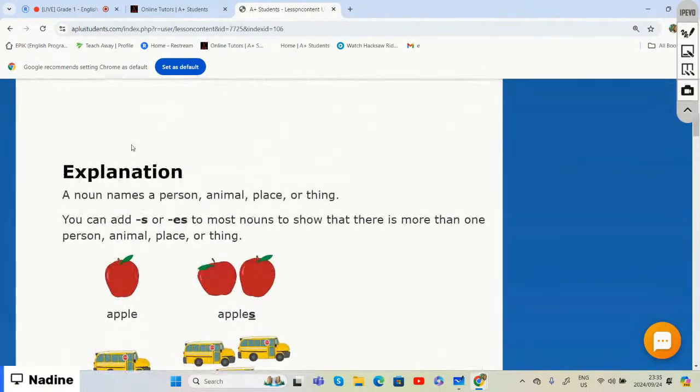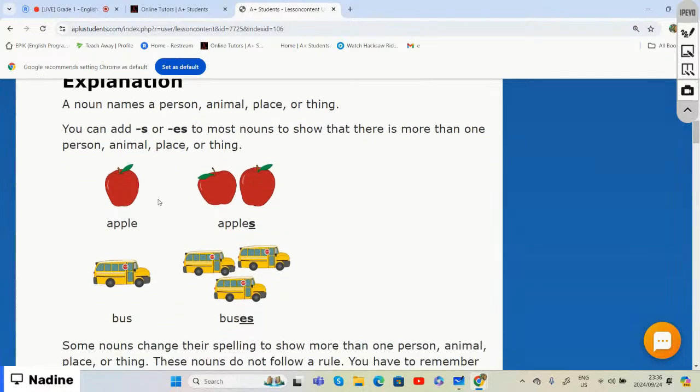And when it comes to regular plurals, it makes mention of more than one person, more than one animal, more than one place, or more than one thing. When we have regular plurals, we just add an S or ES to most of the nouns to show that there is more than one.